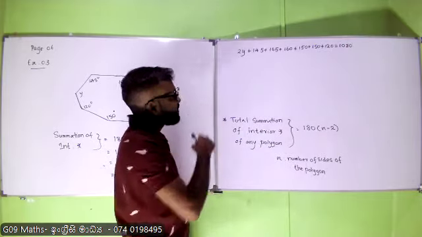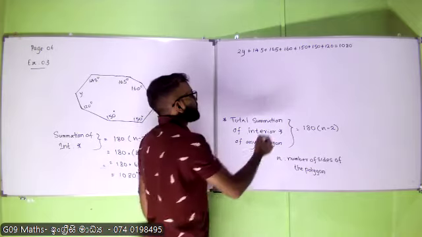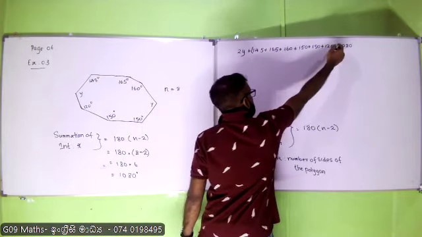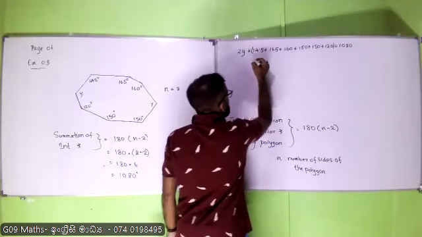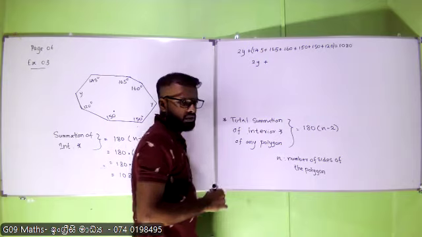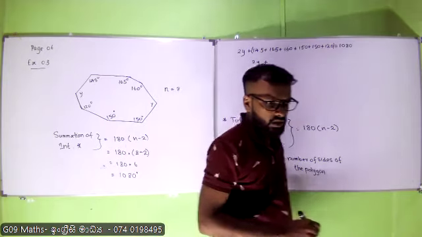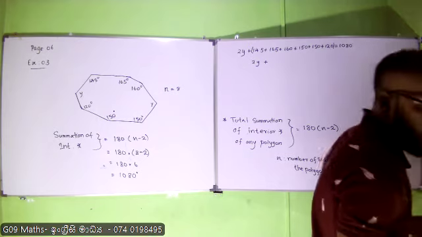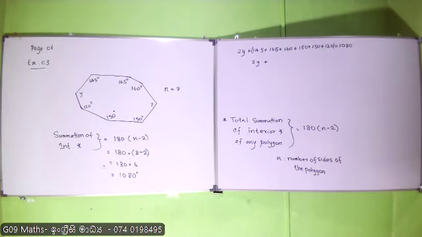So now you can find y very easily. Can anyone tell me the summation of this part? 2y plus what? Kevin is saying 890.